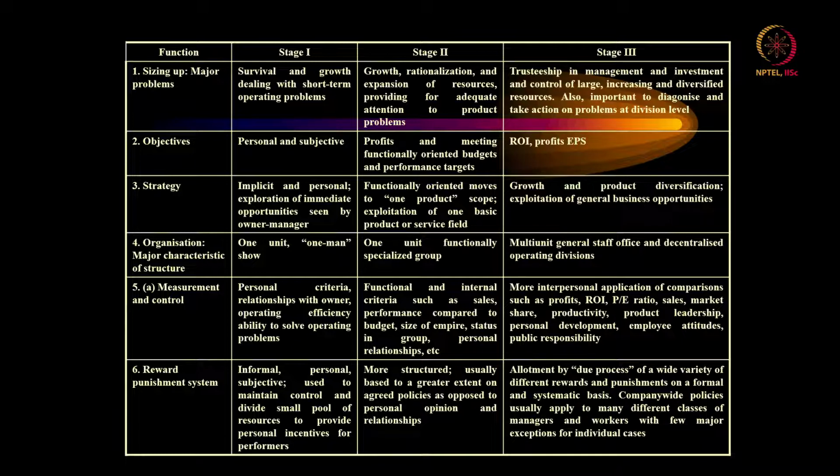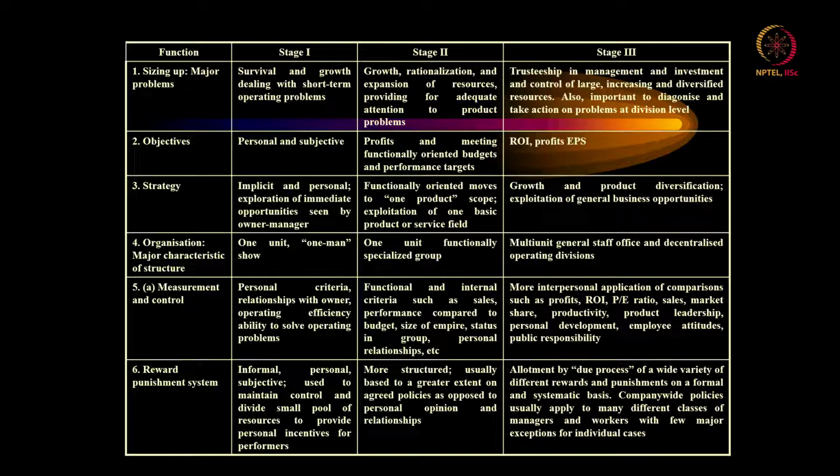So, when you look at organization, the major characteristic of structure with respect to stage 1 is one unit, one man show. With respect to stage 2, it is one unit, functionally specialized group, so functional areas are coming in stage 2. In stage 3, multi-unit, general staff office and decentralized operating divisions.